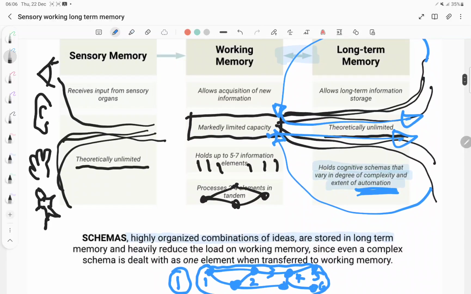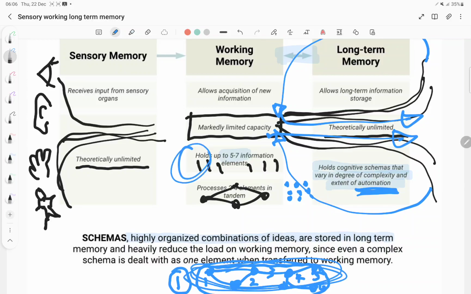Now that's fantastic, because what that then means is you're in a situation where it's automated, where instead of just holding, you see here, it says, I'm going to highlight it in blue, it says it can hold 5 to 7 elements. Now, instead of those 5 to 7 elements just being a situation where it's like this, and like this, and like this, 7 elements like that, instead, one of the elements is this size over here.